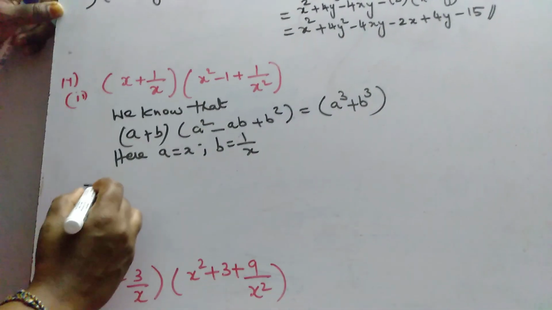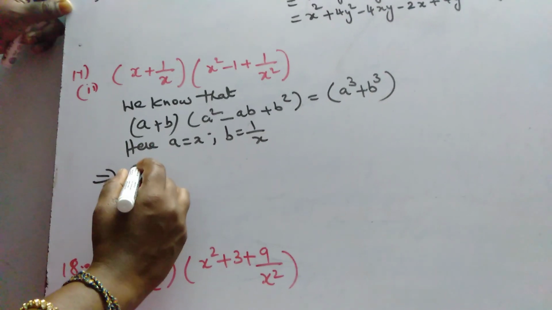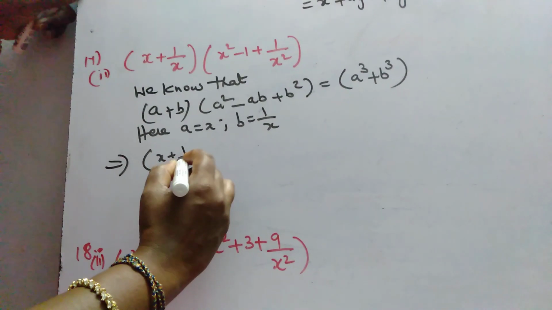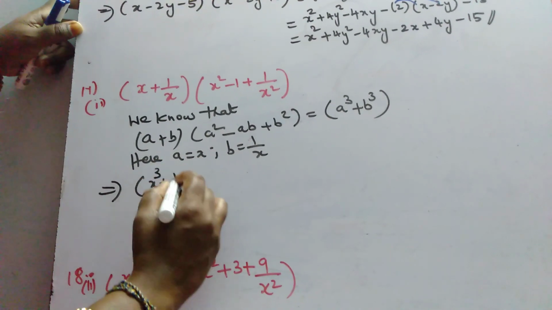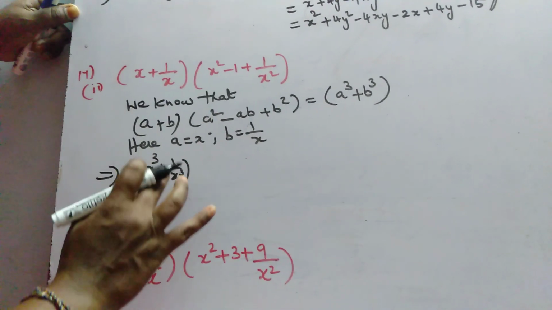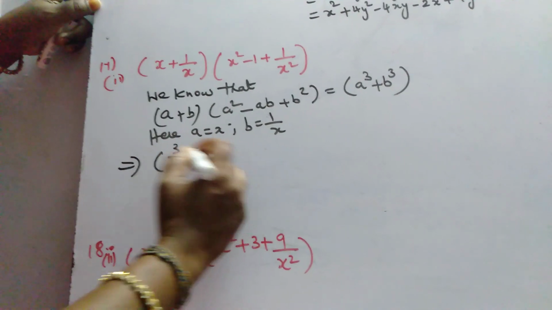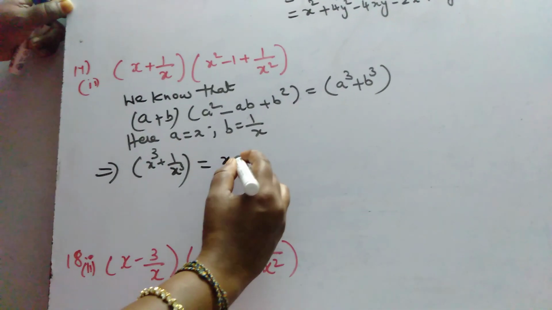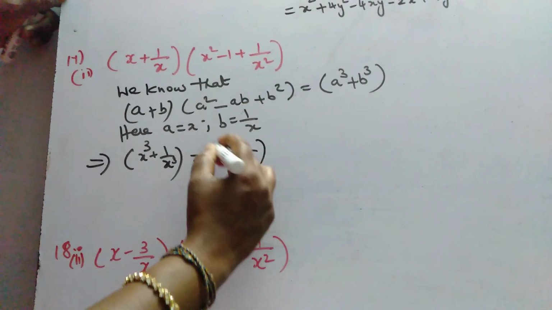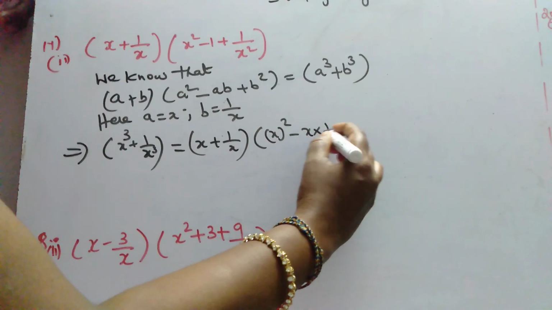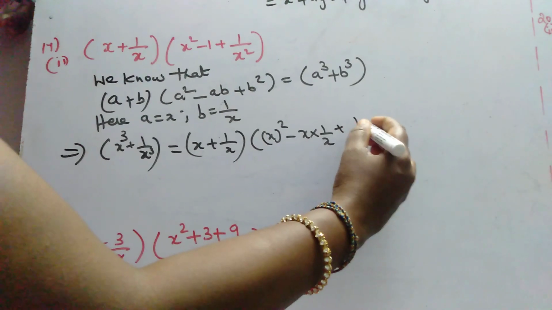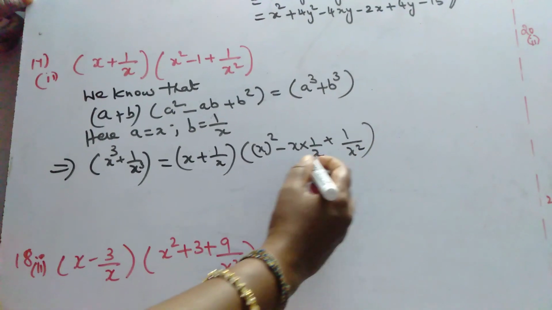Right? So which implies x + 1/x into x³ + 1/x³. Okay? That is (a + b)(a² - ab + b²) equals a³ + b³.